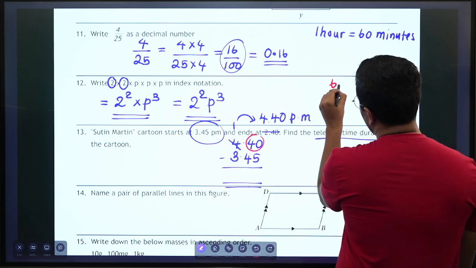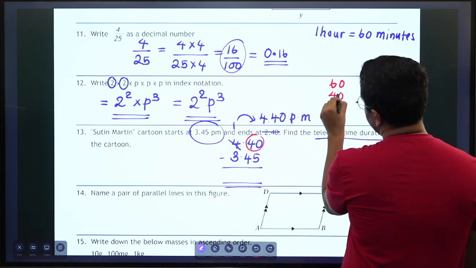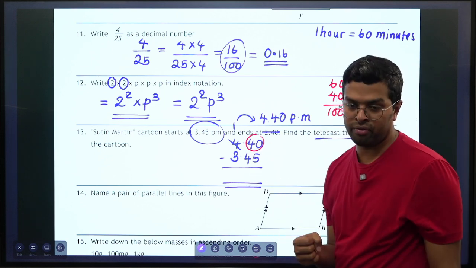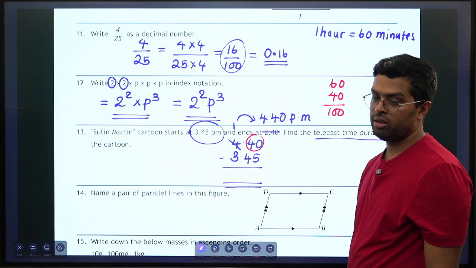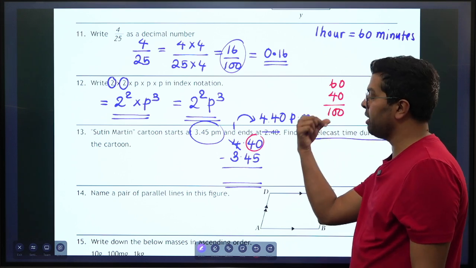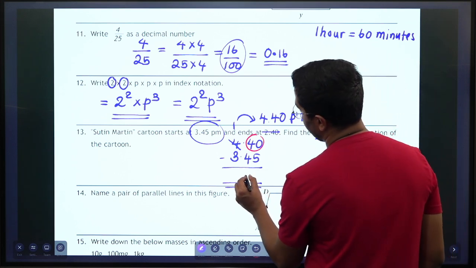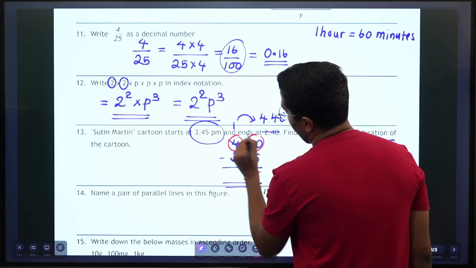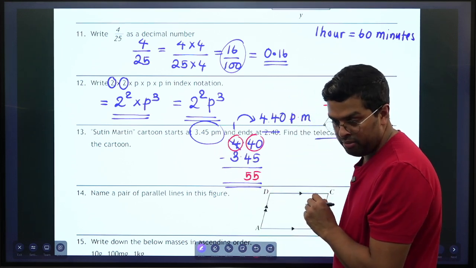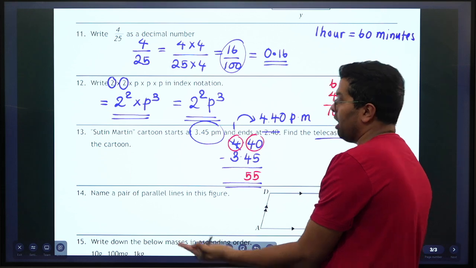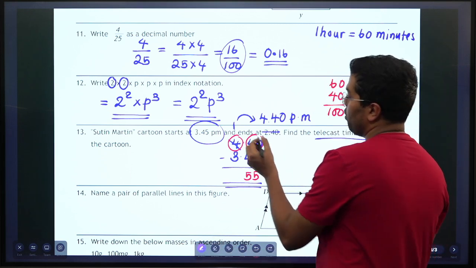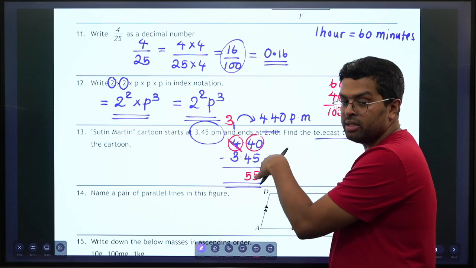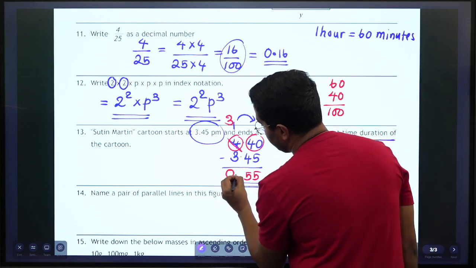So 60 plus 40 is equal to 100. Now subtract 45 from 100, which gives 55. The number in the hours column is now 3, because we brought 1 hour to the minutes column. So 3 minus 3, the answer is 0.